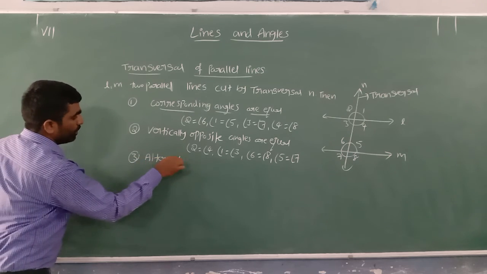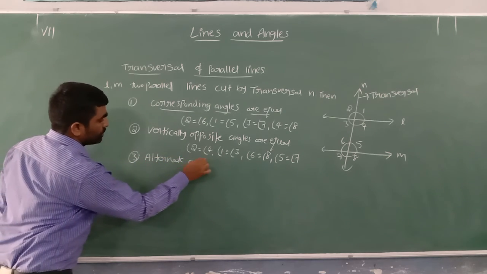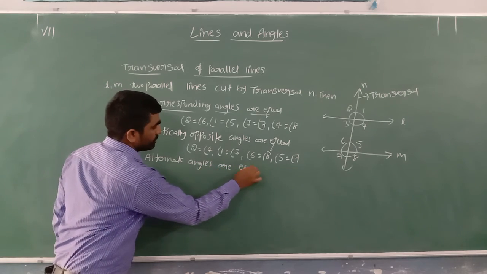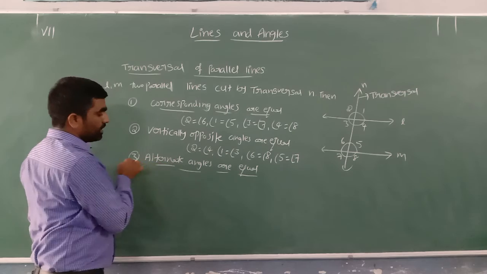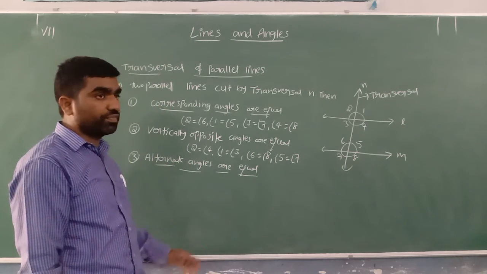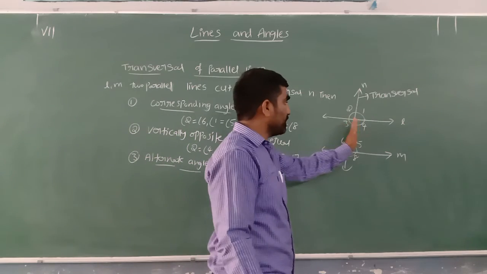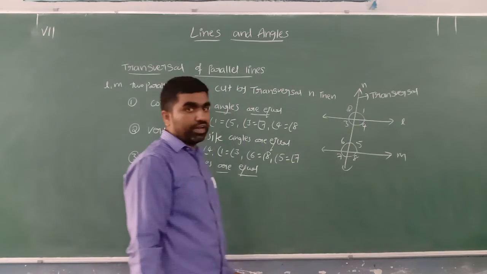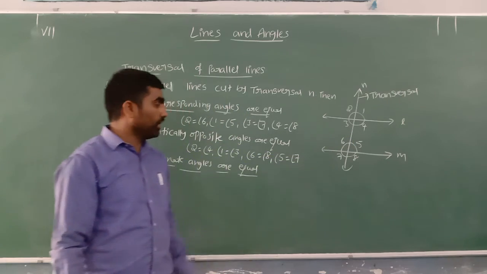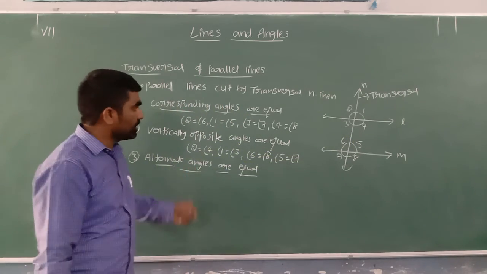Next we will see that alternate angles are equal. We discussed in the previous class which types of angles are called alternate. Alternate, the name itself: one is on the left side of the transversal, the other on the right side, and both angles are either inside or both outside.